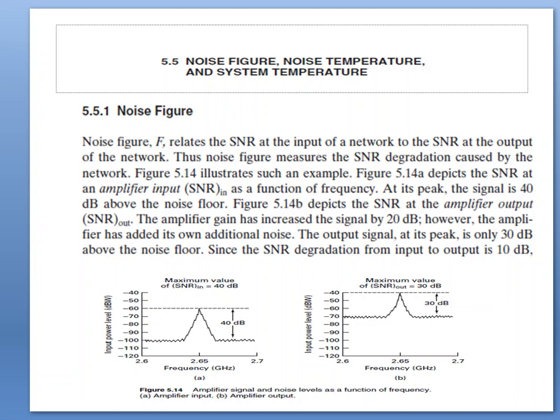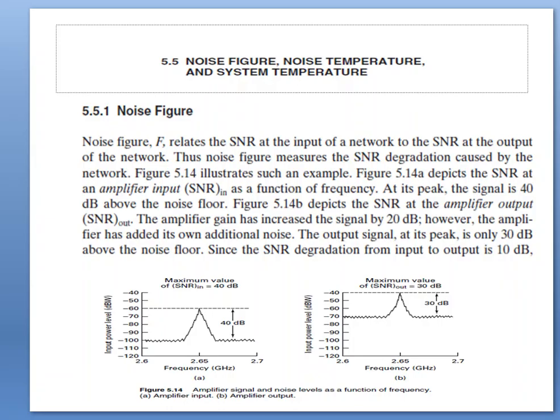The figure below displays the SNR at the amplifier input, SNR in, as a function of frequency. At its peak, the signal is 40 dB above the noise floor. The figure also depicts the SNR at the amplifier output, SNR out.